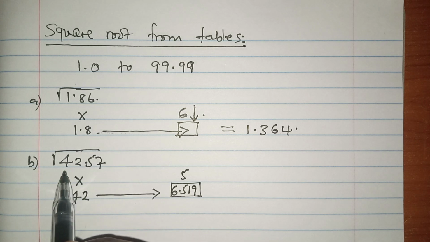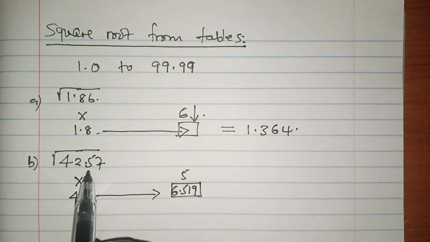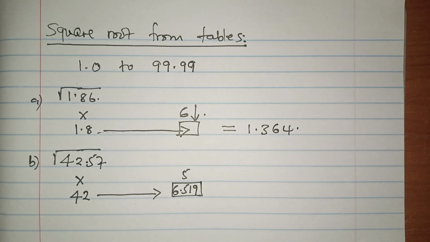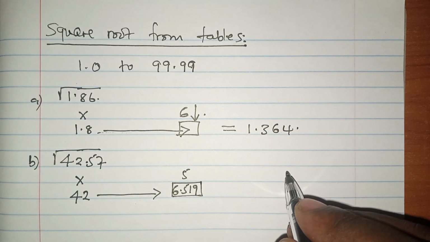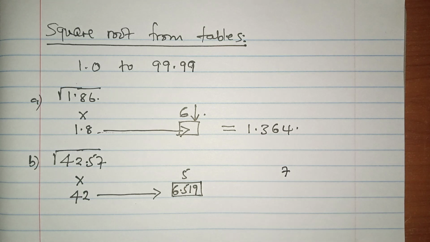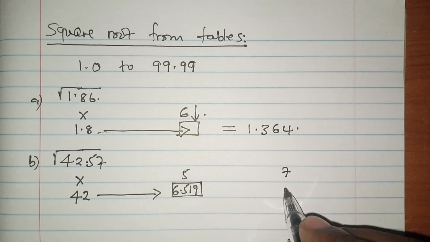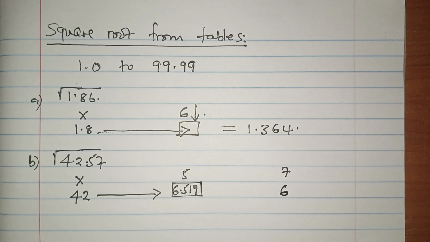But you see, we were looking for the square root of 42.57. We have gotten 42, we have taken care of 5. What about the 7? The difference for 7 from the difference column along this row is 6. You will find the difference column in that table, and within it there is the column headed 7, and you realize there is a 6 there. Then what should we do?